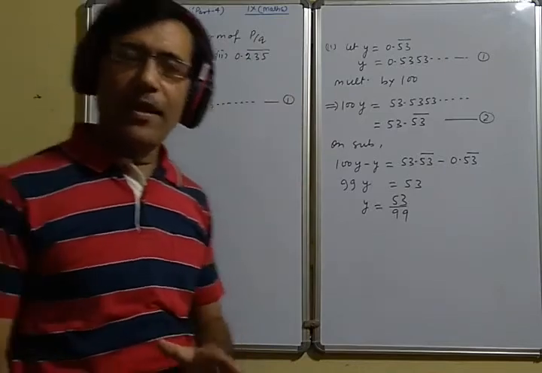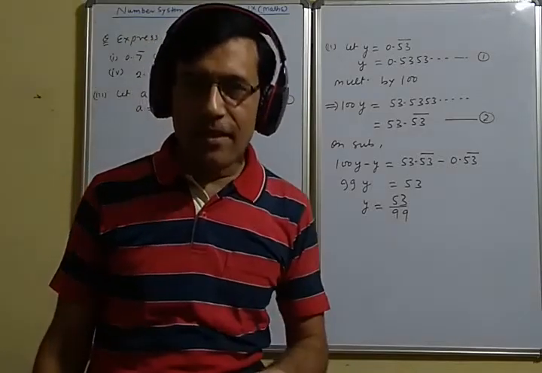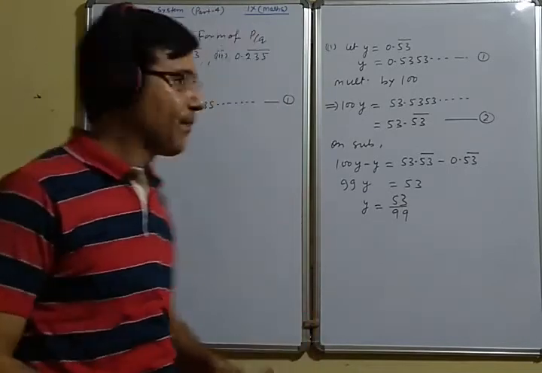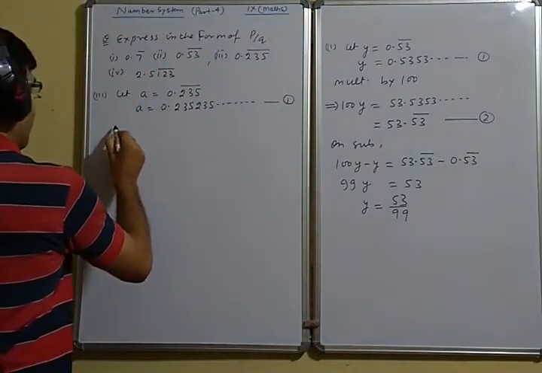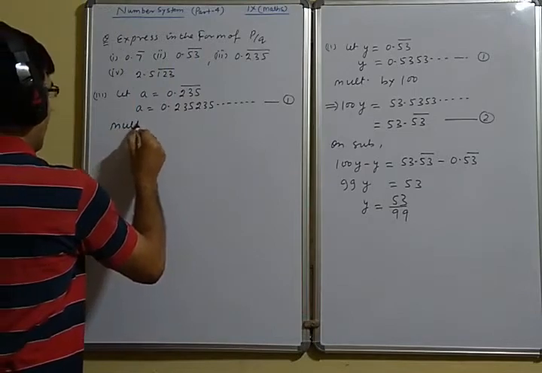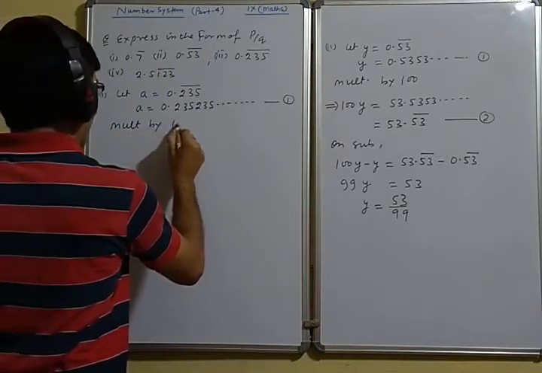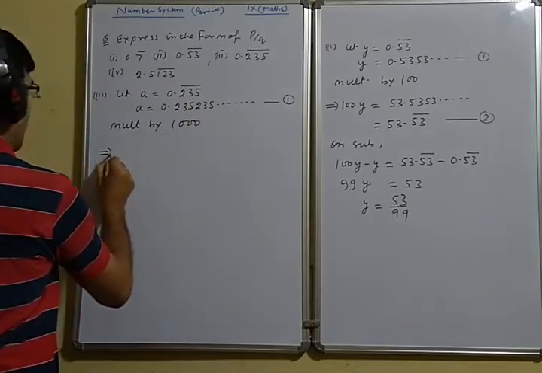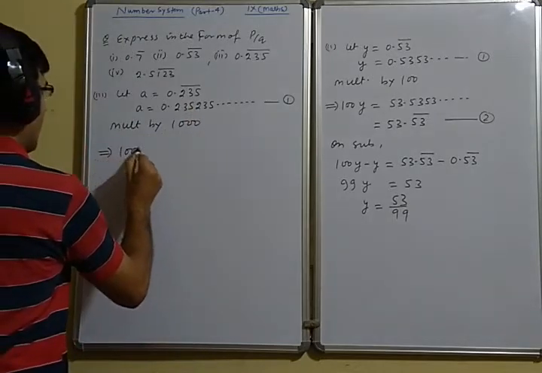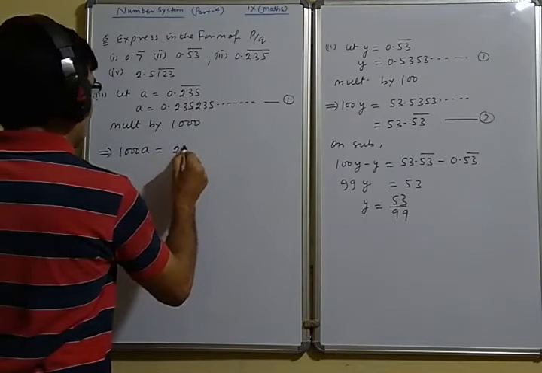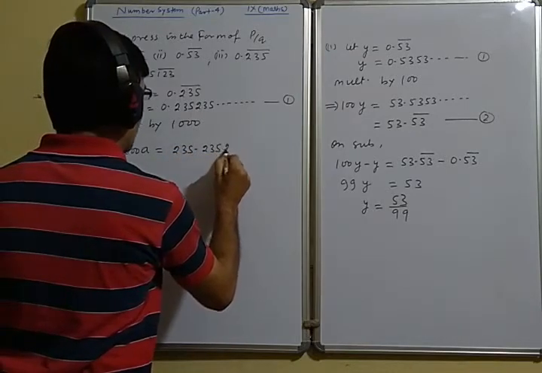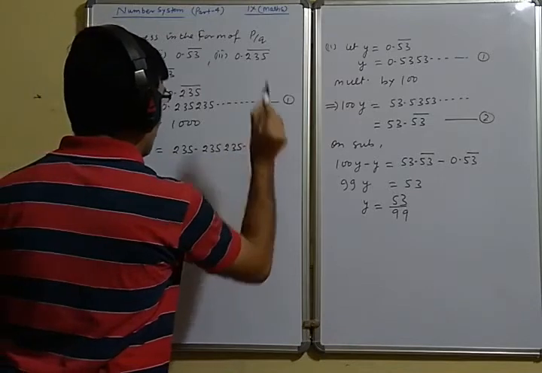Since the repeating block contains a 3-digit number, we have to multiply it by 1000. Multiplying by 1000, we get 1000A becomes 235.235, 235 and so on.